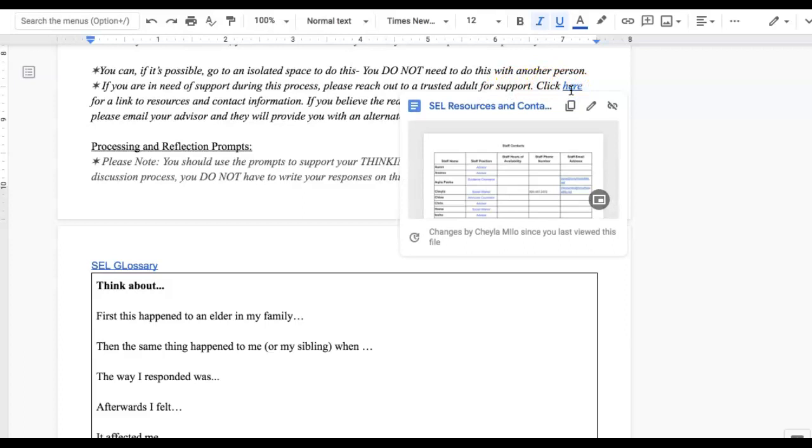Remember that if you want to, you can reach out to anyone in our community to support you through this process. Here is a resource of people that you can reach out to and make contact with at Foresight to help you with this process.